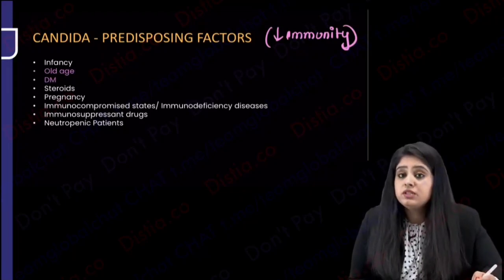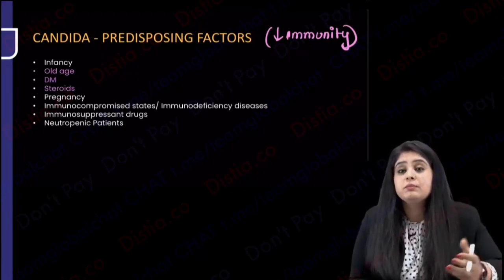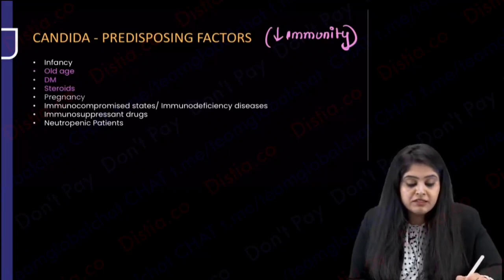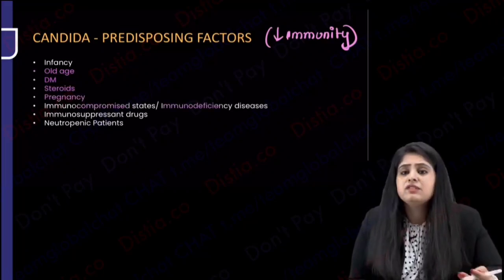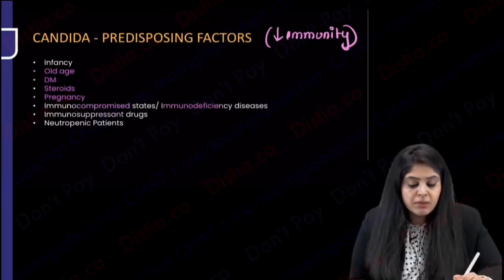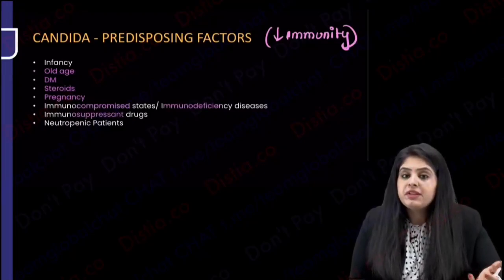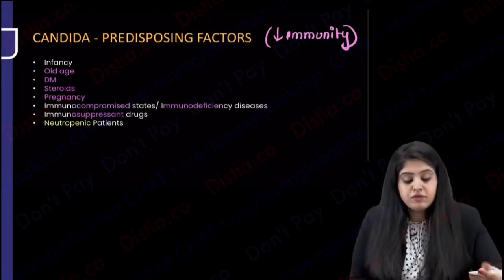Diabetes, healing and immunity is problematic. In steroids, there's an immunosuppression that is done. Pregnancy, again, is one more problem. Immunocompromised or immunodeficiency states like HIV, or a patient is undergoing a transplantation, patient has been put on some immunosuppressant drugs, or patient is born with some conditions in which his neutrophil count is low.